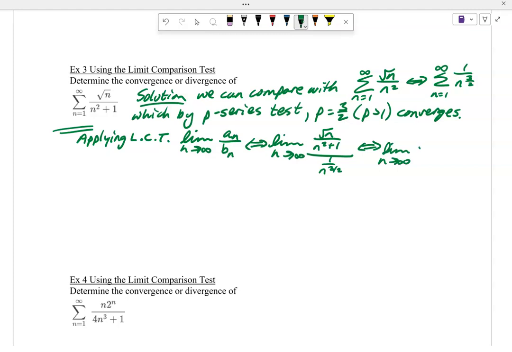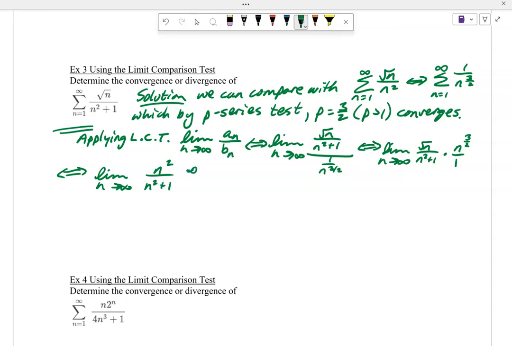And so I'll have square root of n over n squared plus 1 times n to the 3 halves over 1. So I got n to the 3 halves times n to the 1, n to the 4 halves, which is n squared. So I got n squared over n squared plus 1.